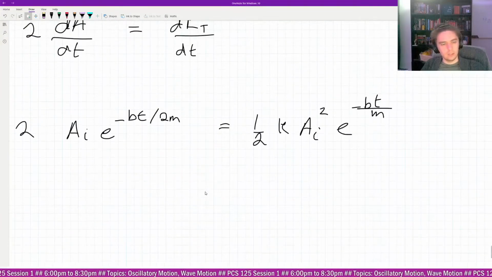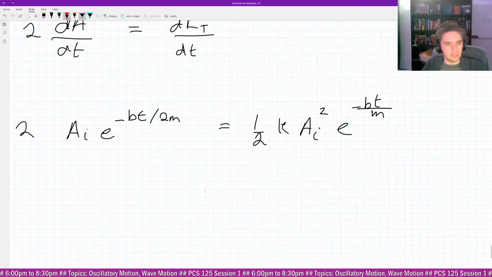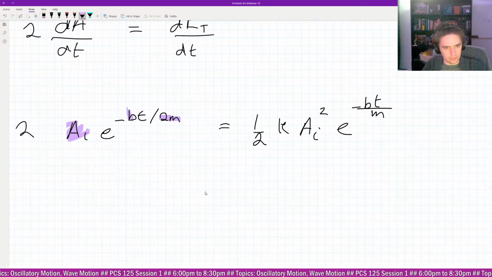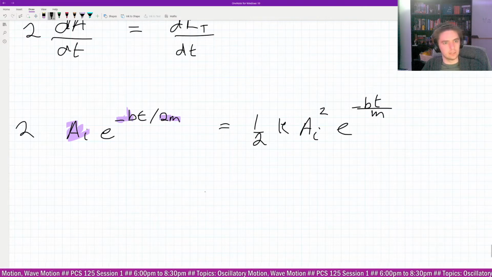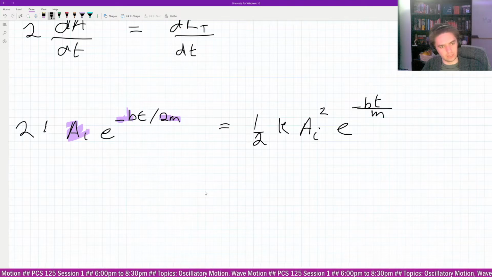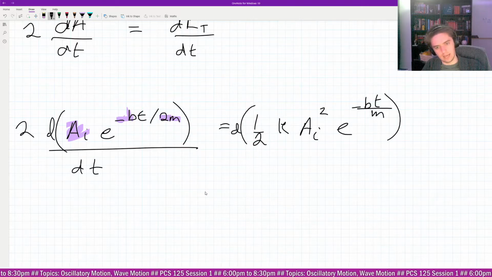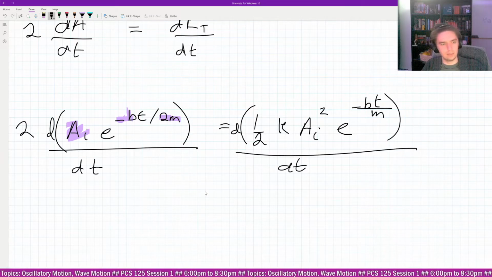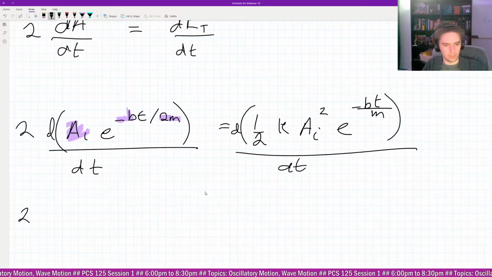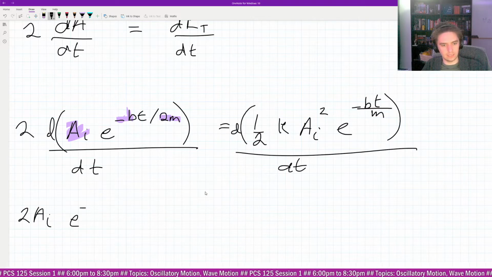Okay. So what's a constant here, quickly? Well, this is a constant, this is a constant, this is a constant, obviously. That's a constant, the negative sign's a constant. Okay, so the derivative of this, I should be clear, this is dA by dt and dE by dt. So 2, okay, pull the constant out. Derivative of e to the something is e to the negative bt over 2m times the derivative of the top with respect to t.